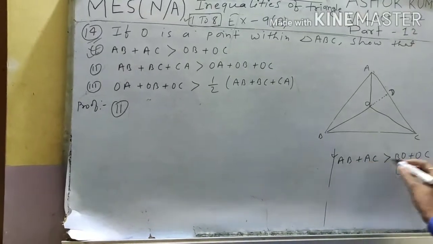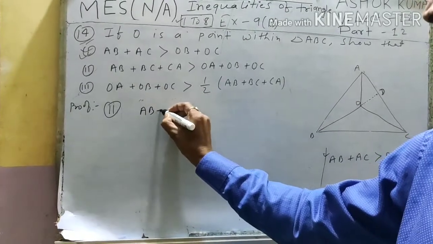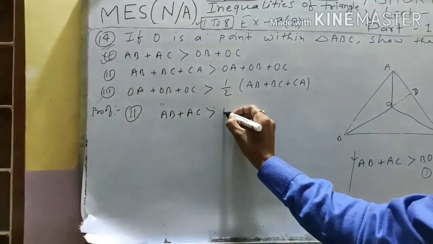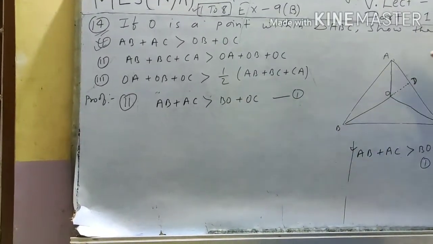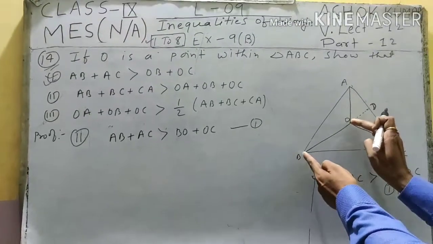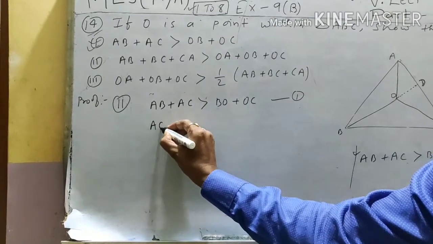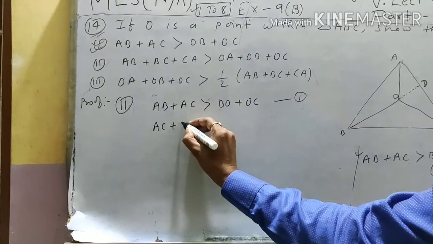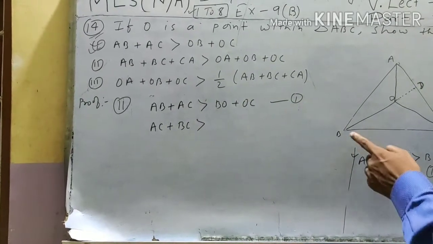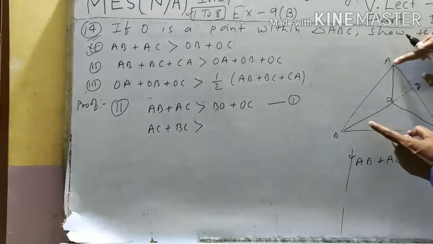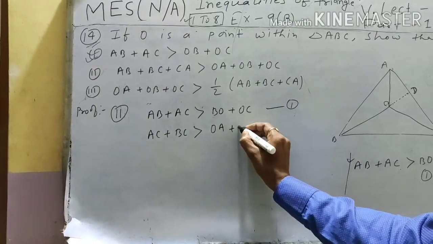Second one, take this expression: AB plus AC is greater than BO plus OC. This is equation first. AB plus AC is greater than OA plus OC. Okay, take another, AC plus BC is greater than OA plus OB.